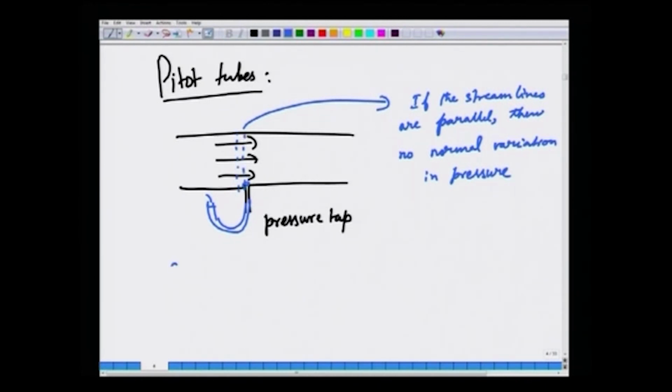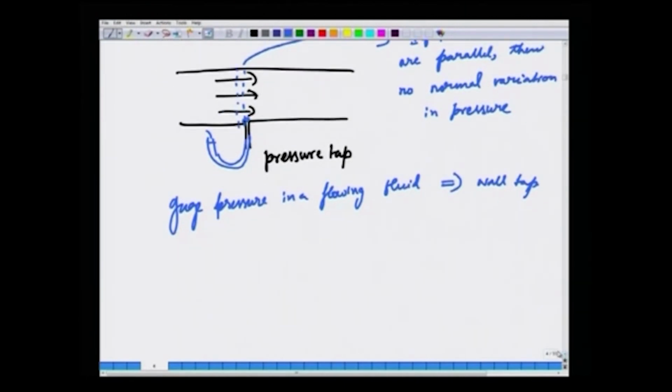So the gauge pressure in a flowing fluid can be measured by a pressure tap and a manometer. It is also called a wall tap. Okay. But that is not sufficient to calculate the local velocity at any point in the fluid. In order to do that, what we have to do is use what is called a static pressure probe.